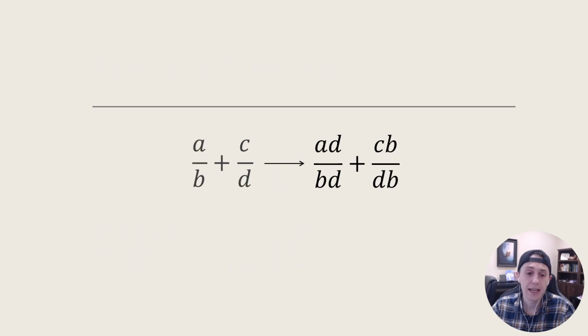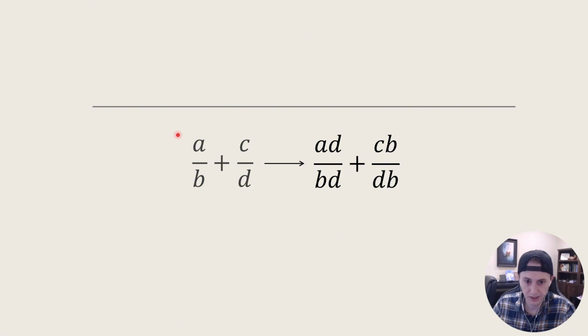To get a over b and c over d to have the same bottom number, the same denominator, we need to take the first fraction and multiply the numerator and denominator by d, the denominator of the second fraction. And we need to take the second fraction's numerator and denominator and multiply both of those by b, the denominator of the first fraction.